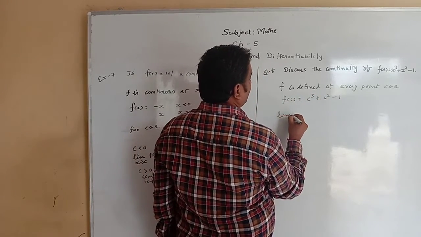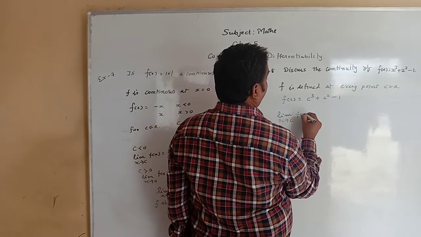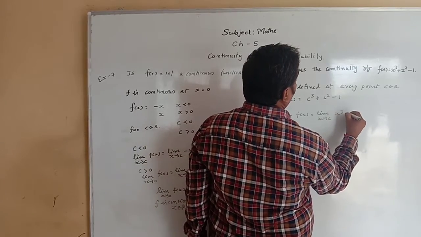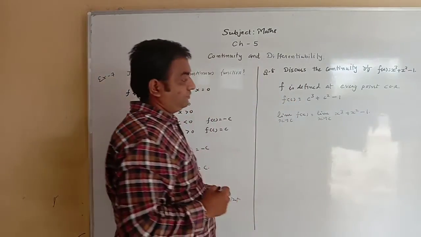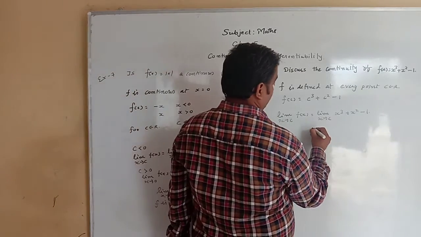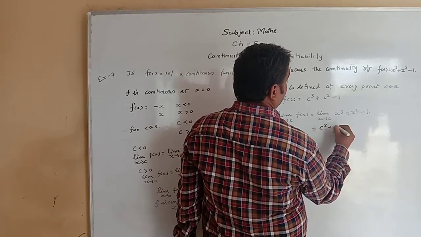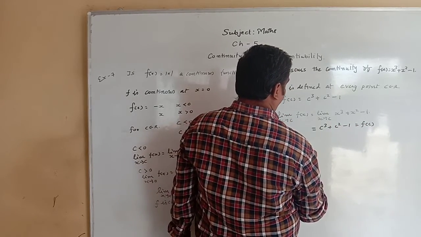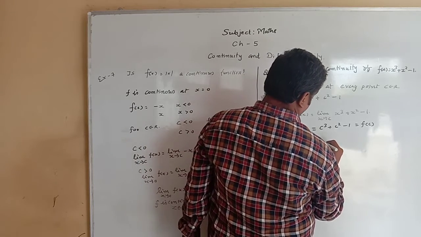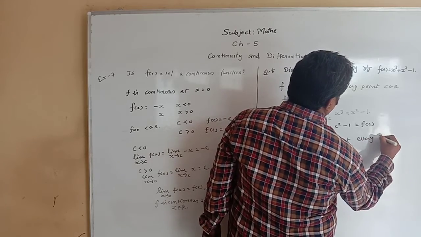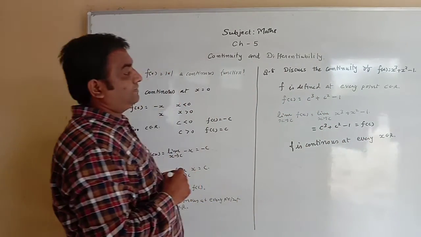Now limit x tends to c, f(x) we write, that will be limit x tends to c of x cube plus x square minus 1, and so it will be c cube plus c square minus 1, which is equal to f(c). And so here we can say that f is continuous at every x belongs to R.